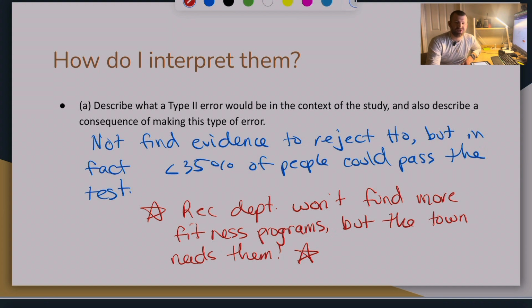What is actually going to happen as a result of that data? So in this case, the rec department isn't going to fund these programs, but the town needs them. If this was about school board funding, or after-school programs, or year-round school, or a professional sports team looking to increase their concessions prices, whatever it may be, make it a physical thing in the context of the problem.